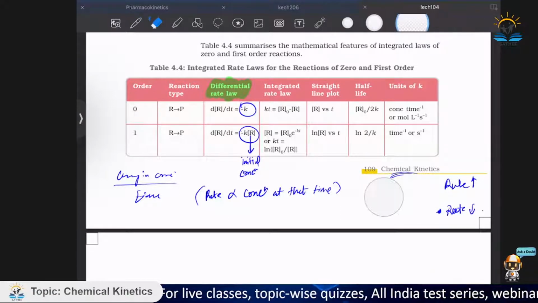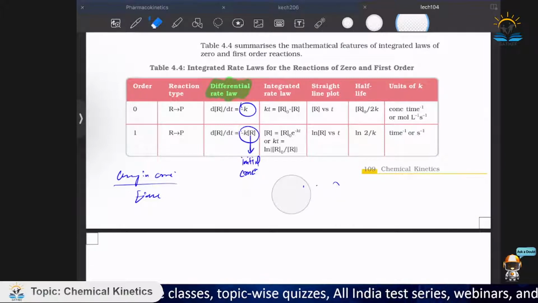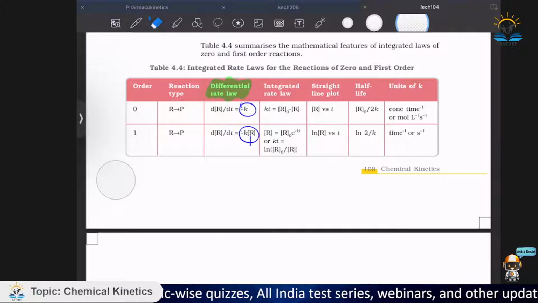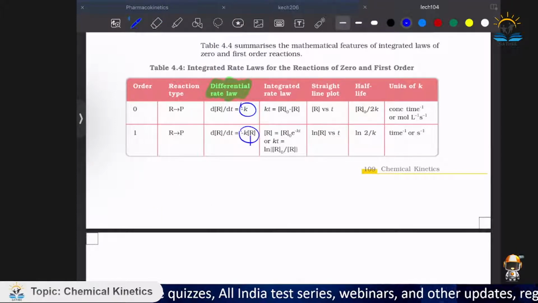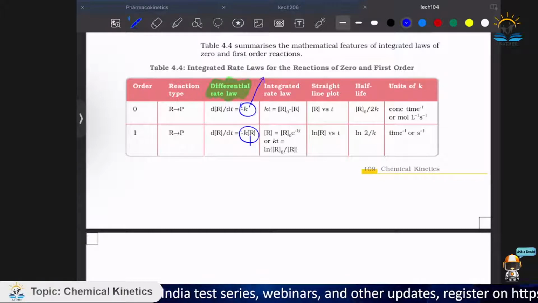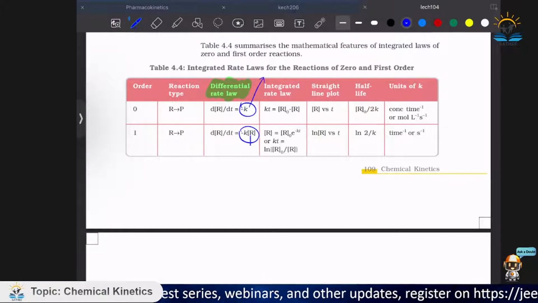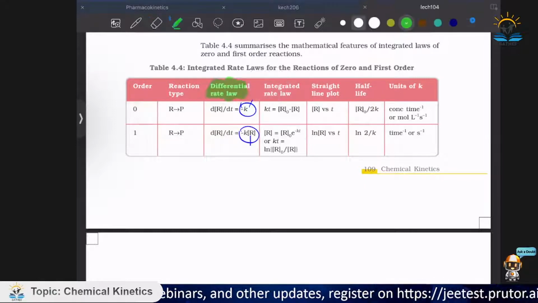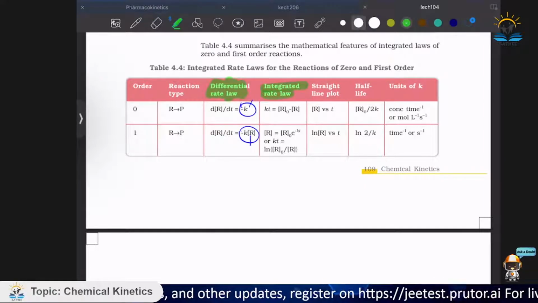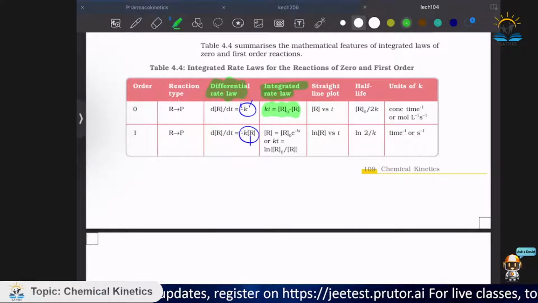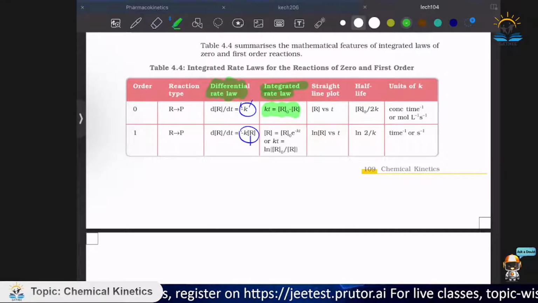This is first order. For zero order reaction, the rate does not depend on the concentration, it is constant. The rate of change of concentration is equal to minus K. No dependency here. Next, integrated rate law, which we just saw. Change in concentration is Kt.